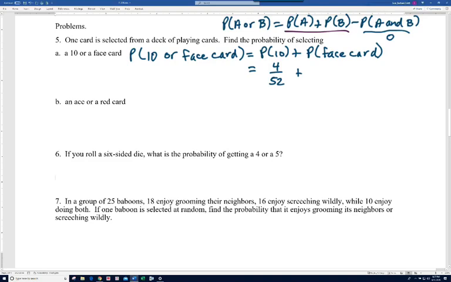You got your hearts, diamonds, clubs, and spades. So 3 face cards times 4 suits, so 3 times 4 is 12 out of 52. And again, since these are mutually exclusive, all we have to do is add these up. We'll get 16 out of 52. And if you divide by 4, you get 4/13.